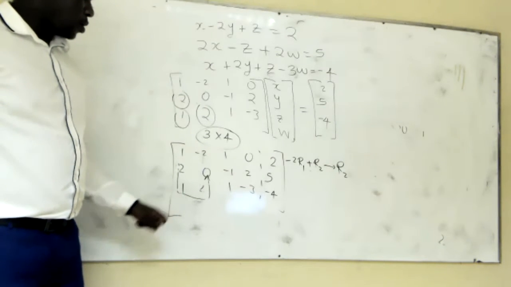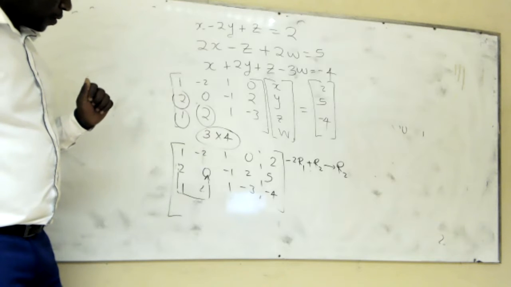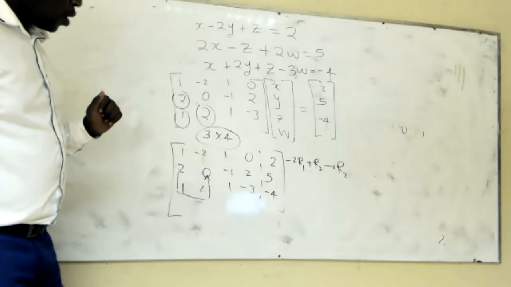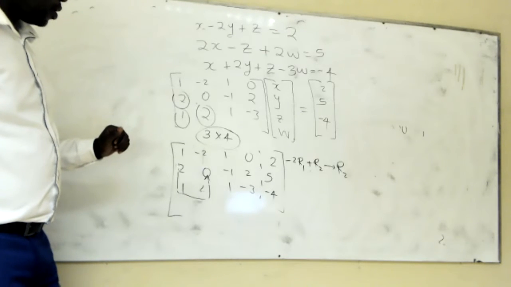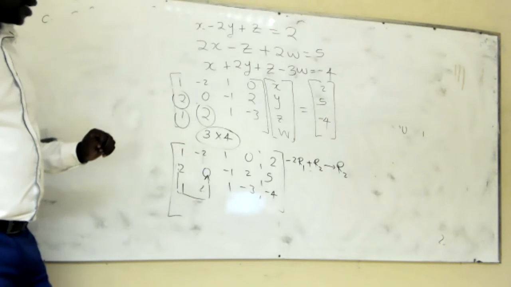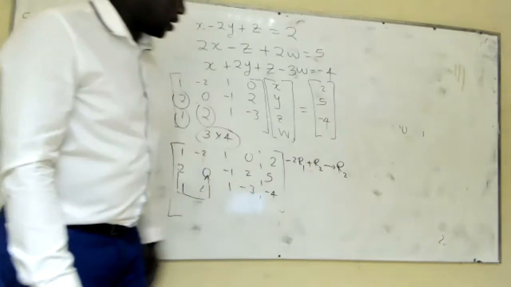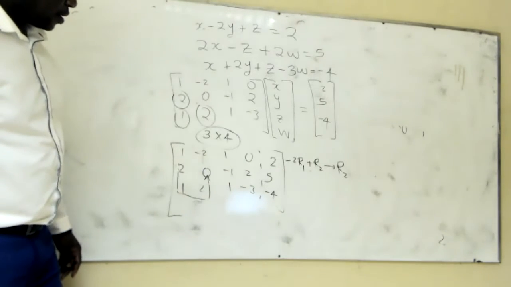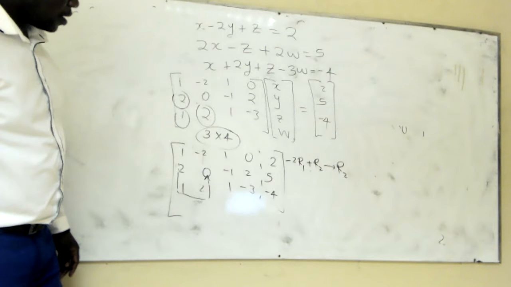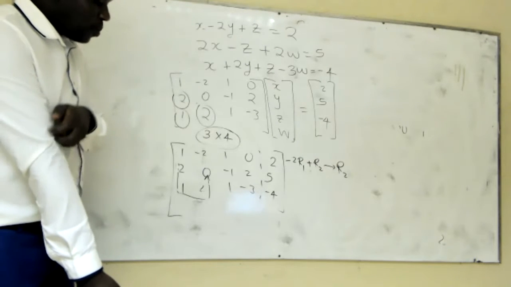I think let's just first write the new second row, so that it can be simple for me. But otherwise, I can still use the first row and the third row. Yes, very true. Let's say row 1 minus row 3.